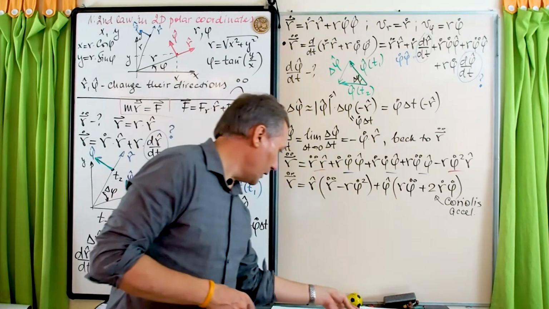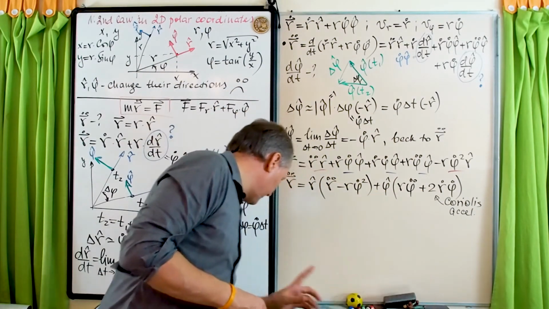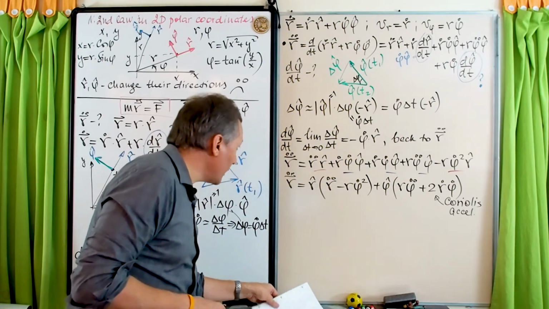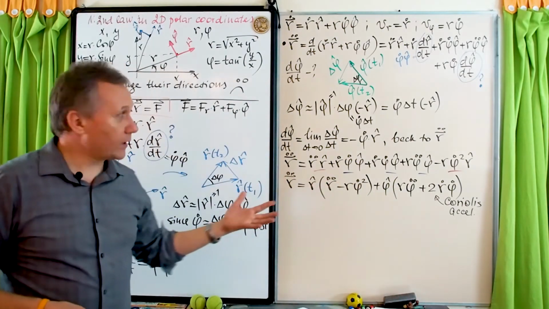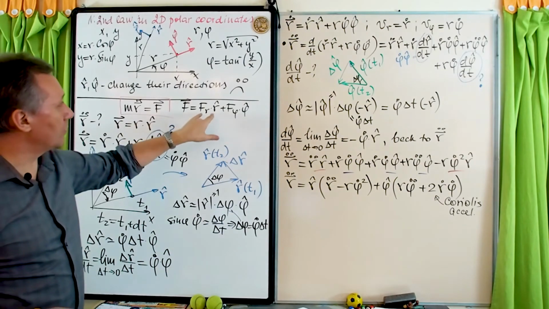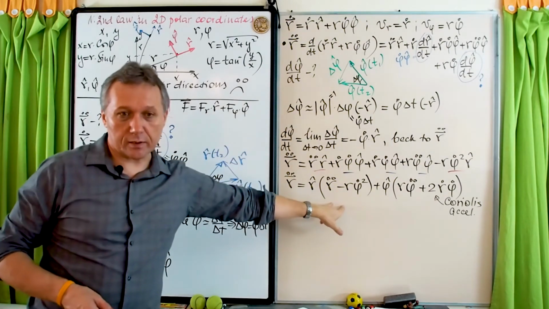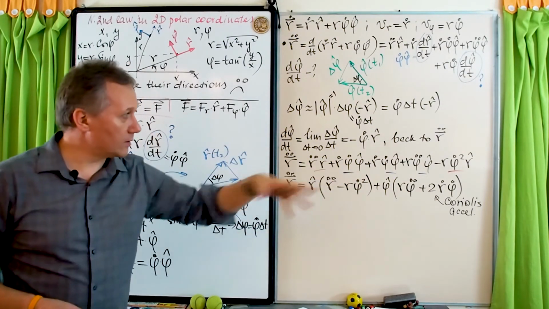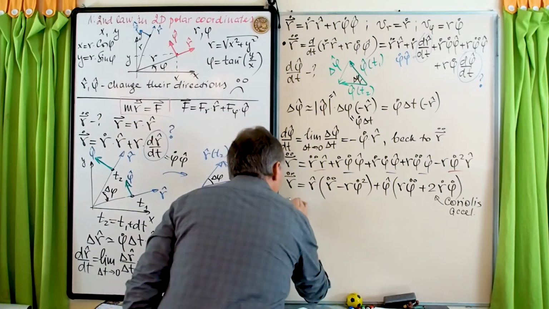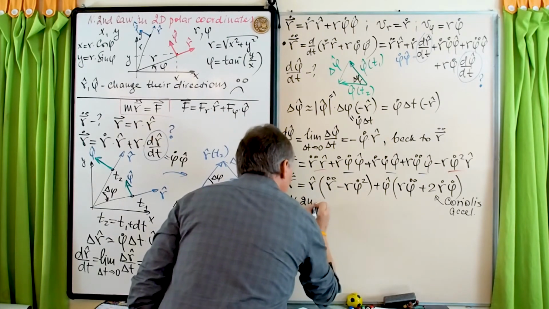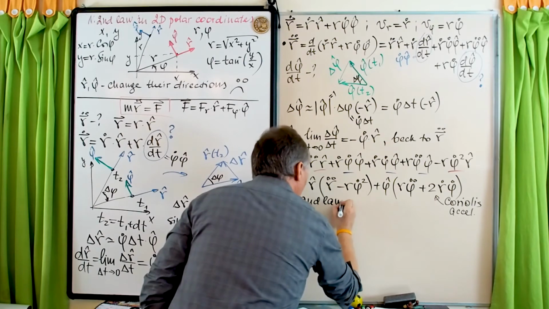So let me check. I think now we just need to write down Newton's second law. We just need to combine. So r component with acceleration times m, and that. So finally, Newton's second law.